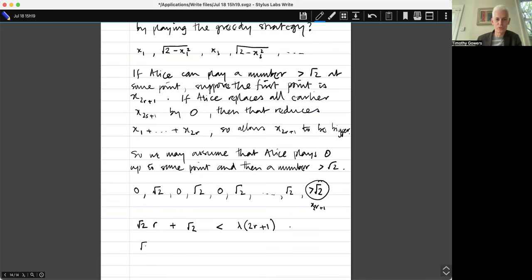So we get root 2 times r plus 1 is less than lambda times 2r plus 1. So lambda has to be greater than root 2 times r plus 1 over 2r plus 1, for some r.